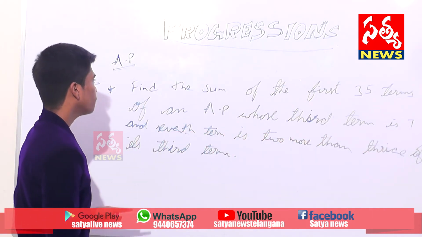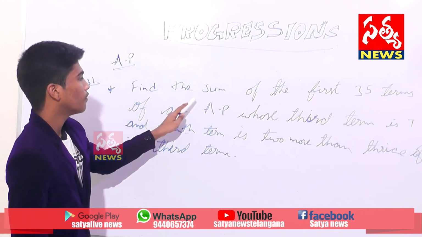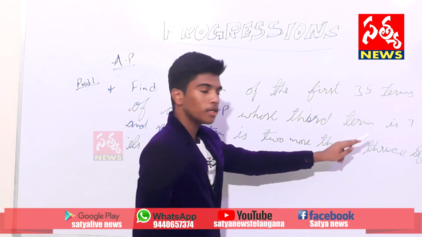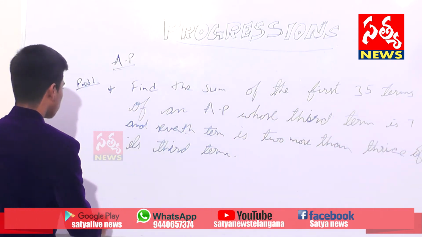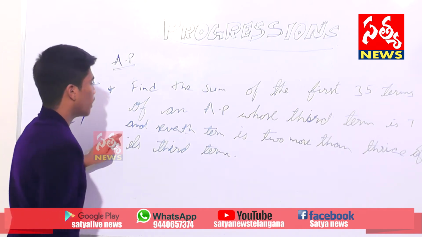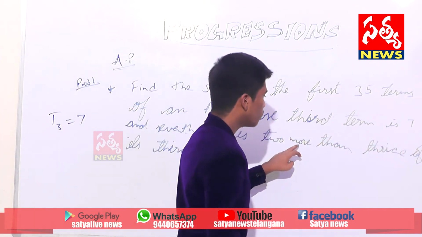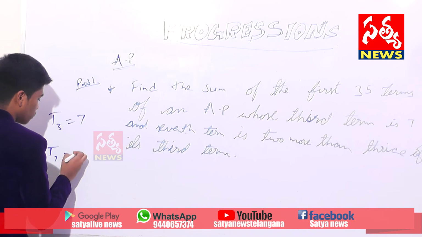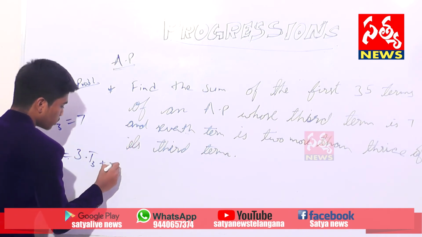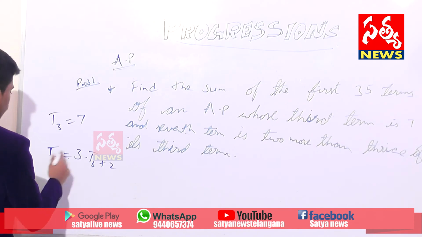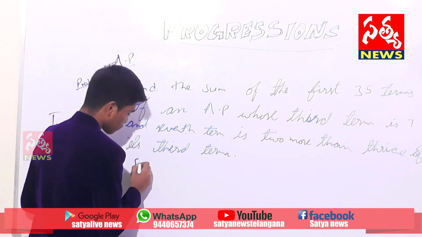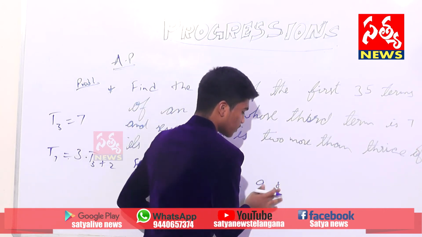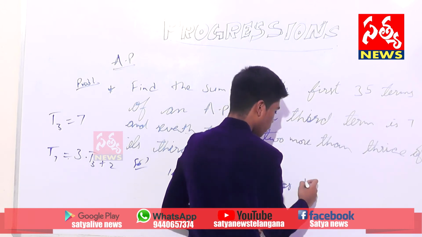Now, there's a problem. First of all, read the problem. Find the sum of the first 35 terms of an AP whose third term is 7 and whose 7th term is 2 more than thrice its third term. They have given that T3 equals 7, and T7 equals 3 into T3 plus 2. So now take the conditions from here. First of all, let us assume A as the first term.